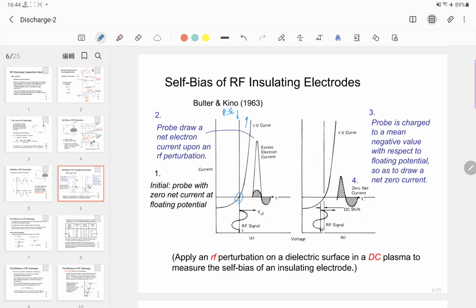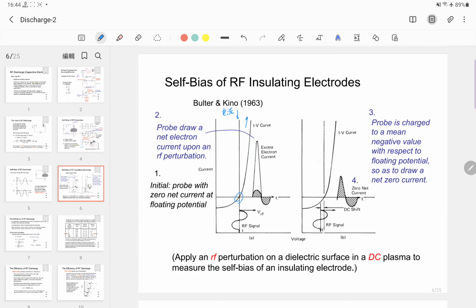So on the right figure, the bottom curve shows that the potential of the probe shifts down, right? And this value is the DC shift or DC offset, so that the probe becomes biased negatively.